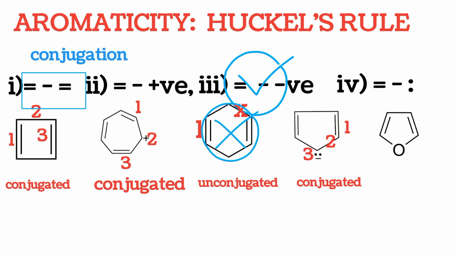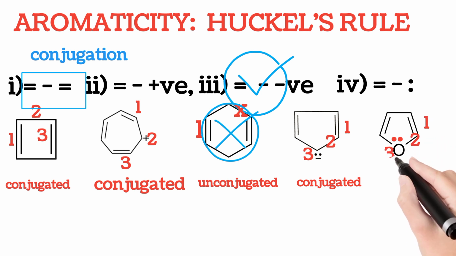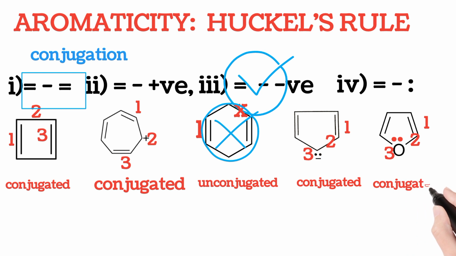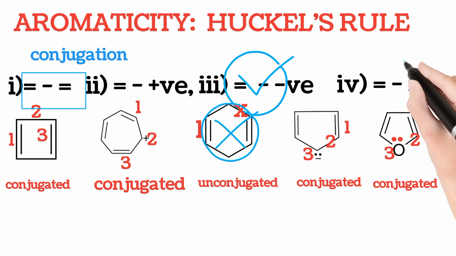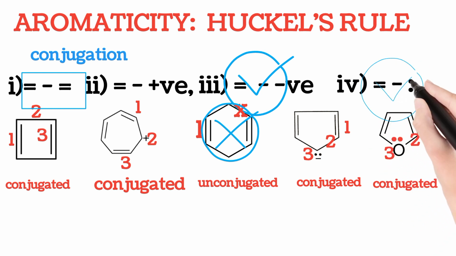And this is a conjugated compound. In this case, we also have a double bond followed by a single bond and a lone pair. And that too is a conjugated compound. And this is example number 4. So these are the different examples of the types of conjugated compounds that we have.